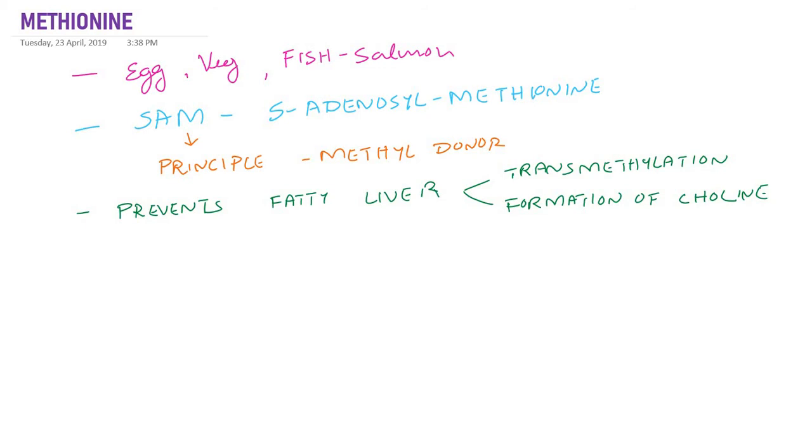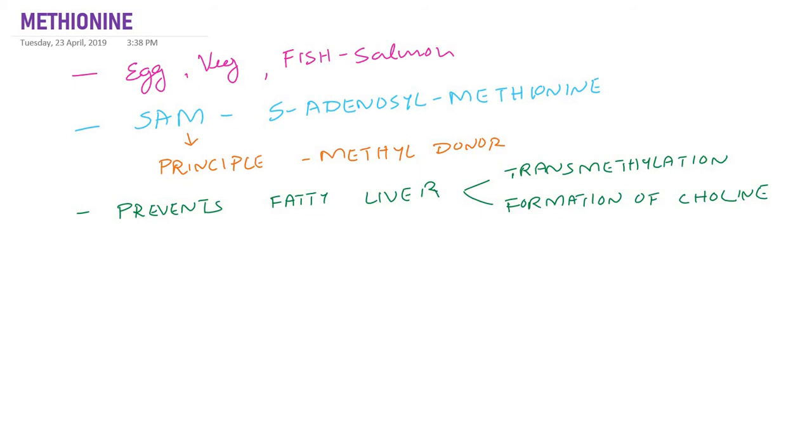Lipotropic factors prevent fatty liver, and in turn prevent fibrosis or cirrhosis of the liver. So methionine helps in formation of choline and participates in transmethylation reactions because its active form SAM is a methyl donor. In turn it prevents fatty liver.